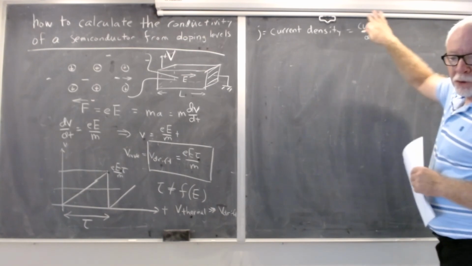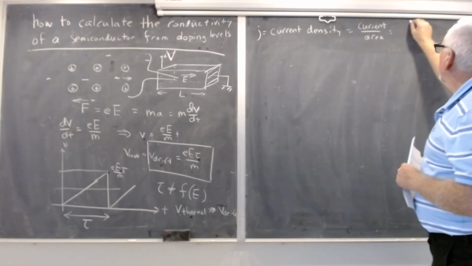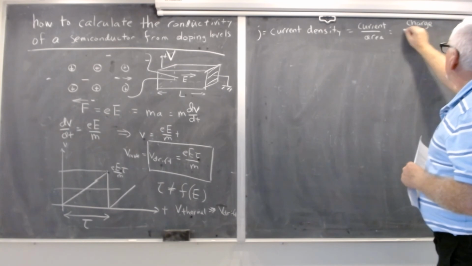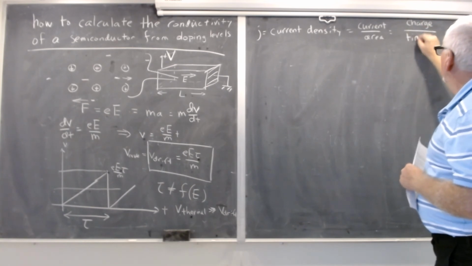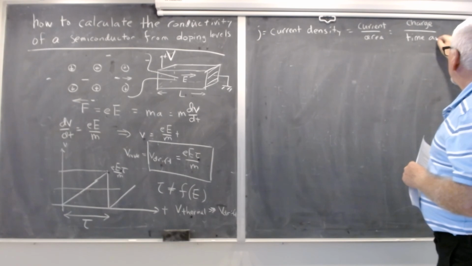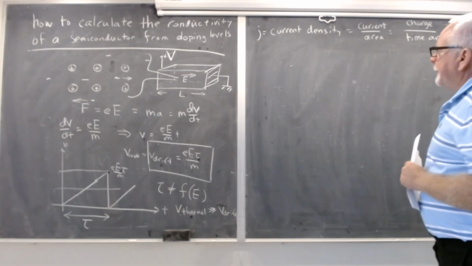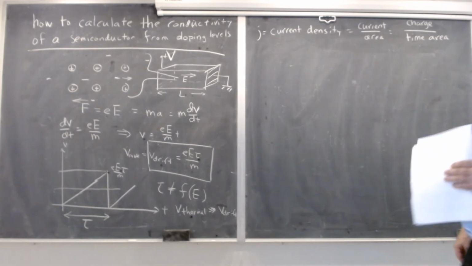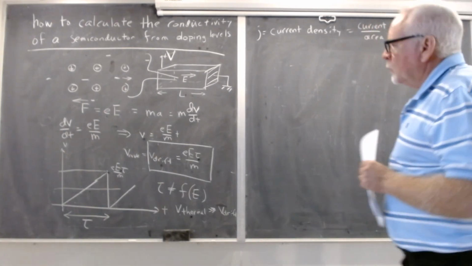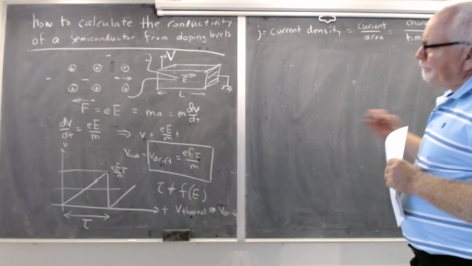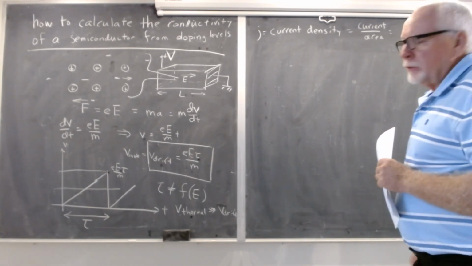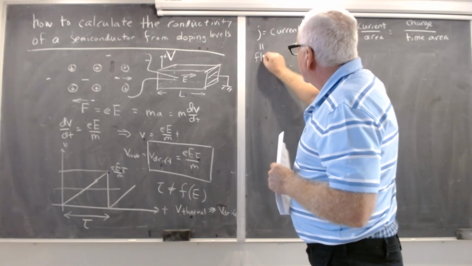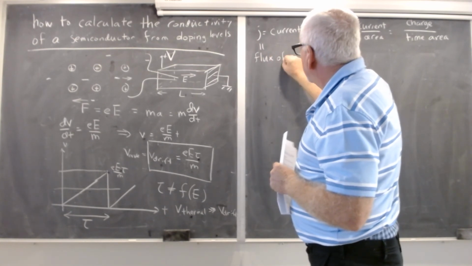Remember what current is: current is charge per unit time per unit area. Now here, this is the flux of charge.